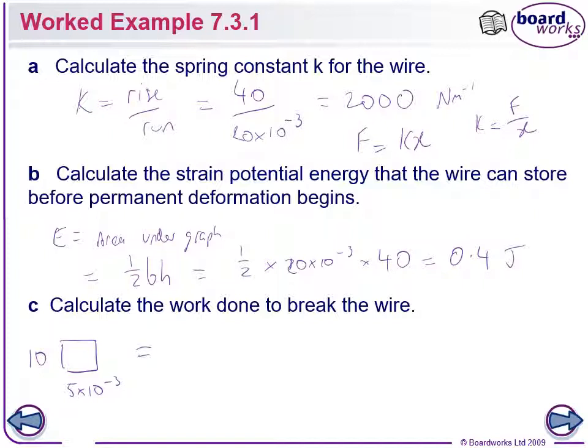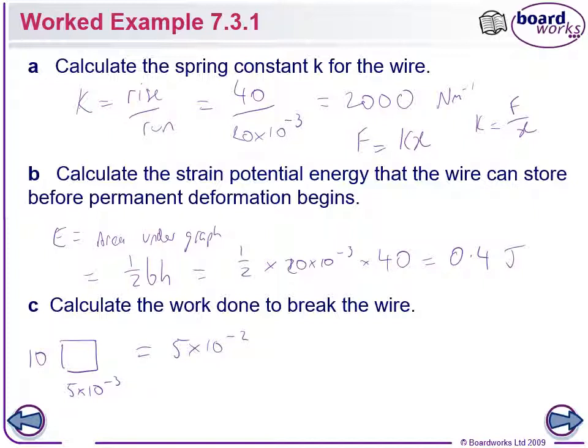Each square has an area of 5 times 10 to the negative 2. I make it 25 squares after the elastic limit. Maybe 24 and a half. Sorry, this 5 times 10 to the negative 2 is because we've multiplied the 10 by the 5 times 10 to the negative 3.